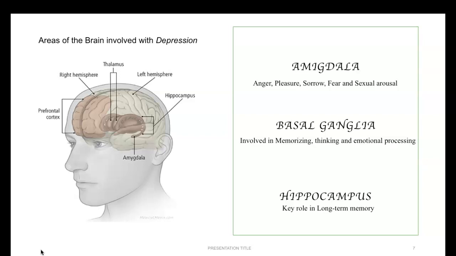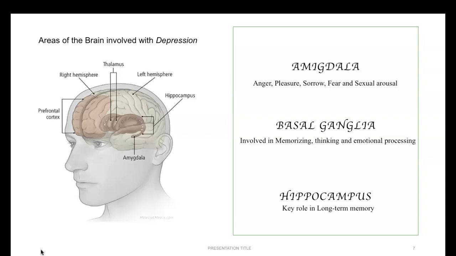Moreover, brain imaging studies show that depression causes changes in several parts of the brain, especially in three core areas. The first is the amygdala, which regulates emotions such as anger, pleasure, and fear. When the person is depressed, the amygdala can be hyperactive, causing problems in sleep, behavior, as well as the balance of key mood hormones.